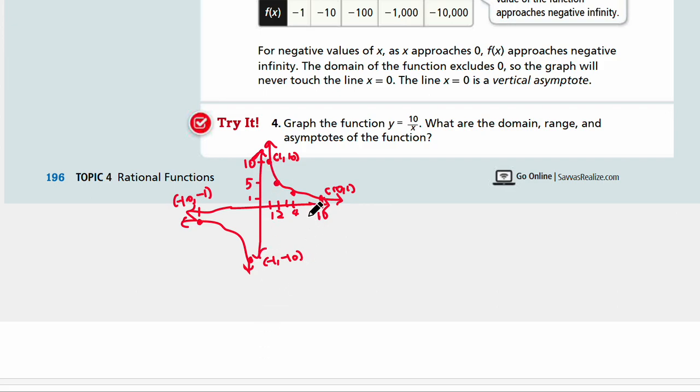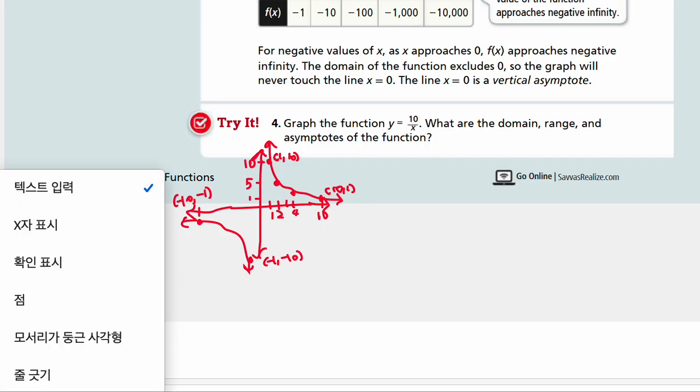So these should be the major points that would be different. And that should be how your graph looks. It looks very similar to the example that we looked at, except for these points. And so looking at this graph, we can figure out the domain, range, and asymptotes of the function.